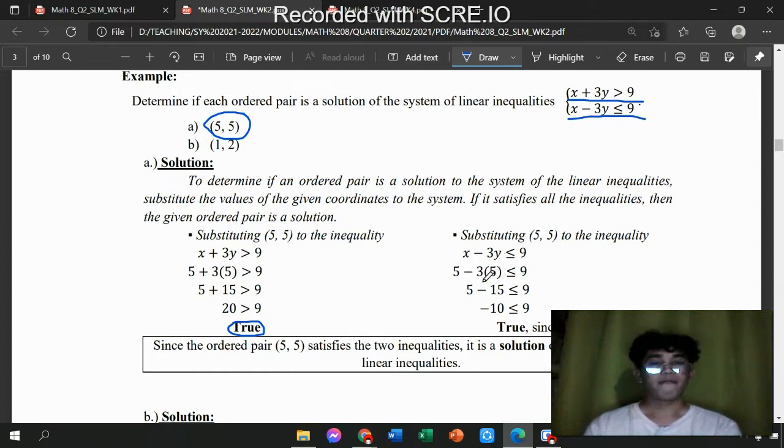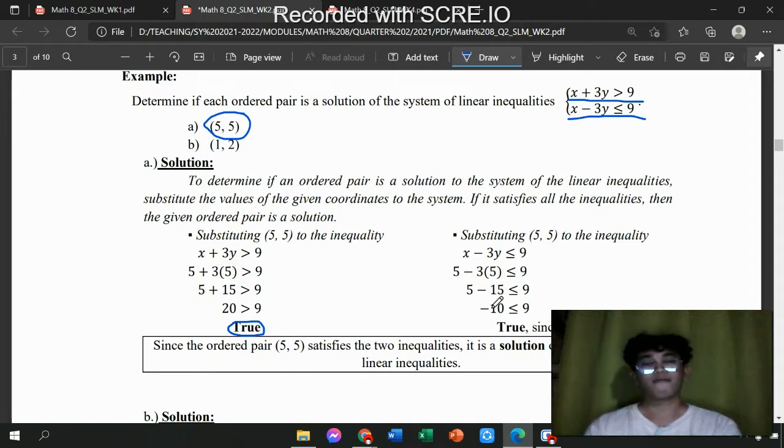So pila may 3 times 5? That's 15. So mahimo siyang 5 minus 15 is less than or equal to 9. Then simplifying further, 5 minus 15 is equal to negative 10 is less than or equal to 9.